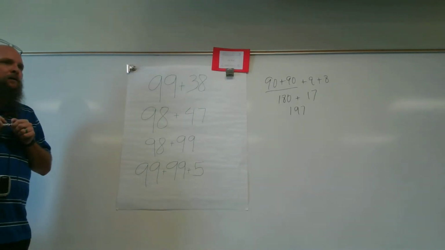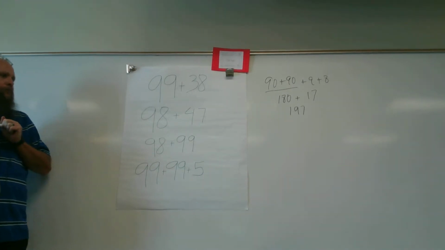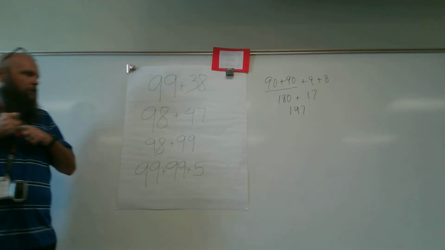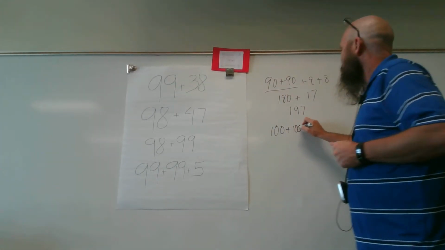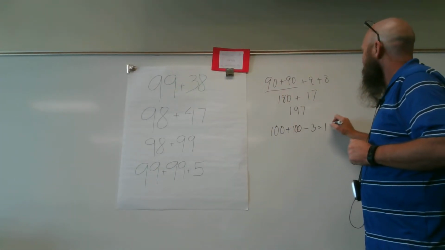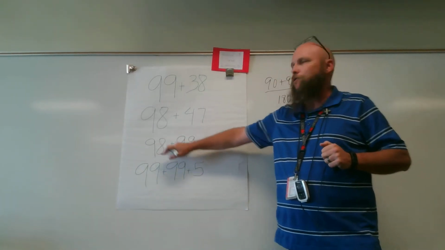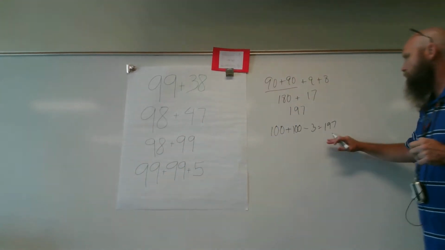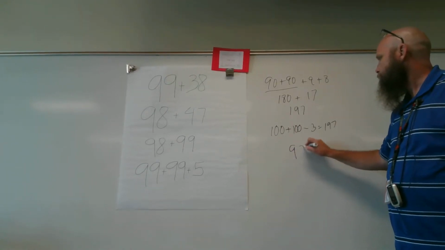Reagan. I did 100 plus 100. All right, so you move these both up to 100, which means you had to add 2 to this and add 1 to that. And that's where your 3 came from that you subtracted? Nice. Natalie. I did 98 minus 1, which is 97.